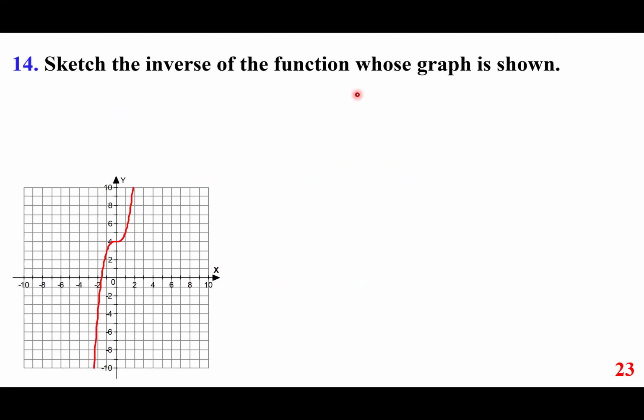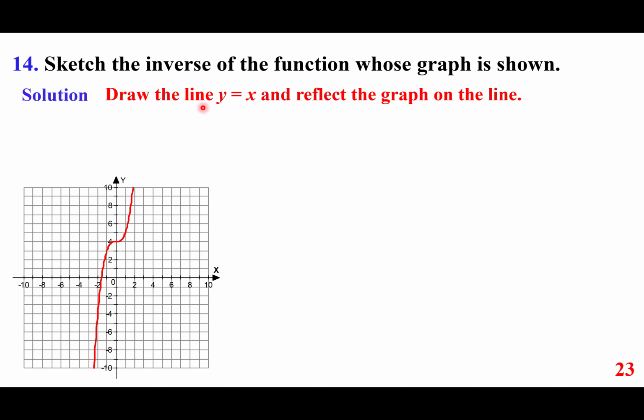Sketch the inverse of the function whose graph is shown. This is given. One thing that is important to note, throughout the line y equals x, you know that two functions that are inverse are symmetric with respect to the line y equals x and reflect the graph on the line. How do we do that? Pick up pairs.